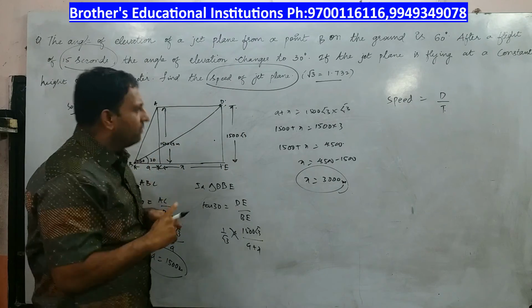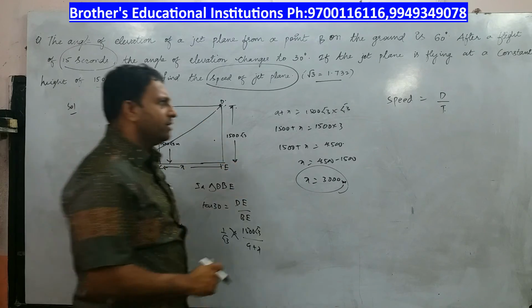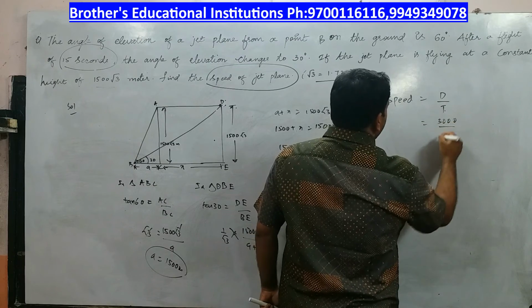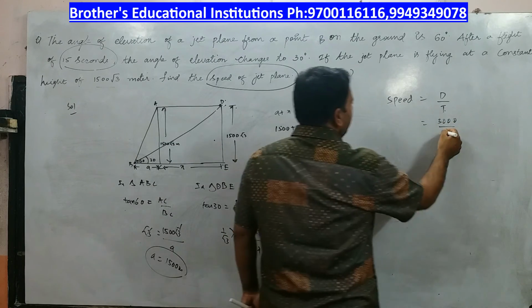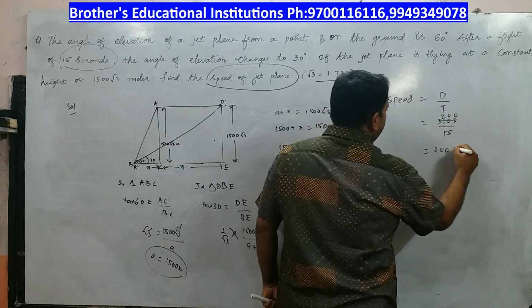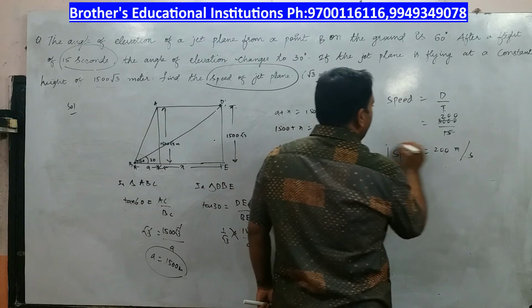We wanted time, that is 15 seconds. We wanted the distance traveled, 3000 meters. So distance by time, it is 3000 meters by 15 seconds. 15 ones are 15, 2s are 30, 0, 0. So it is 200 meters per second, the speed of the aeroplane.